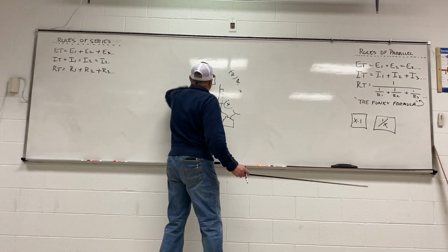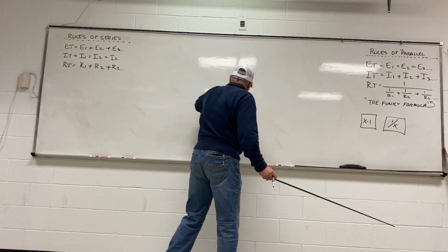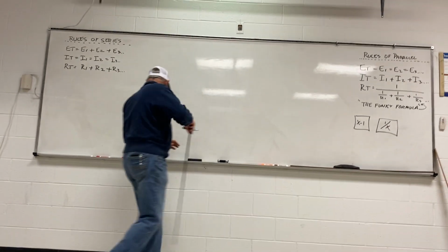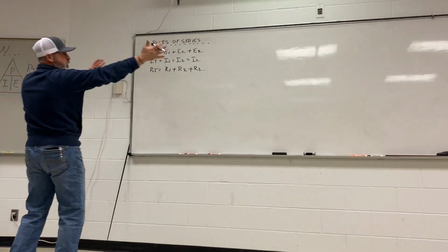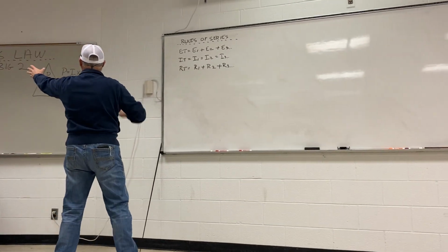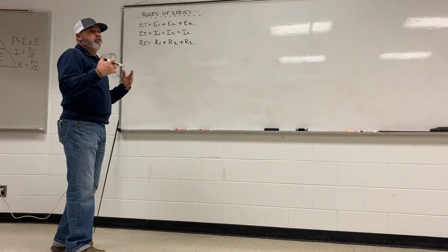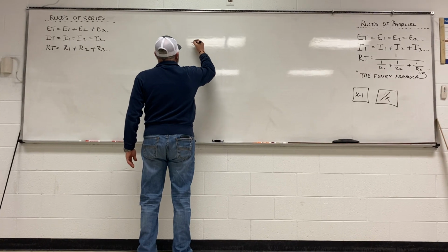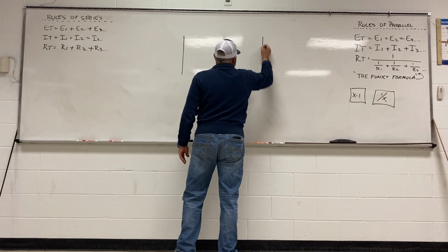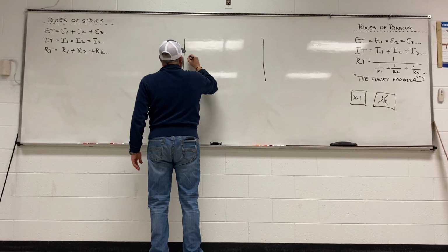Okay, so let's look at an example of utilizing Ohm's law, either series rules or parallel rules, and we will always be using Ohm's law to analyze a particular circuit. All right, so for instance, we have a circuit that looks like this right here.